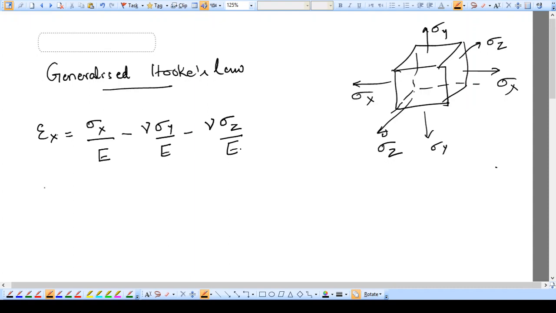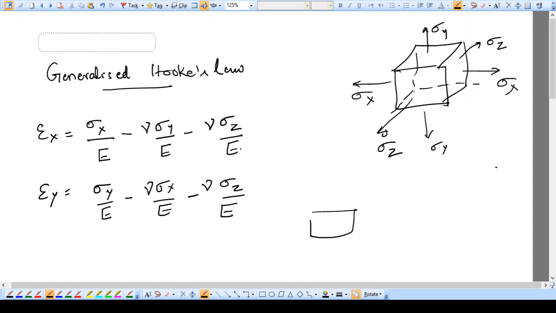Similarly, for y direction, the strain in y direction is given by sigma y by E minus mu sigma x by E minus mu sigma z by E. If the length is increasing in one direction, the dimensions in the other two directions decrease. That's why the minus term is indicated.